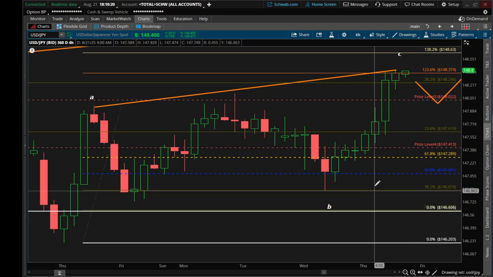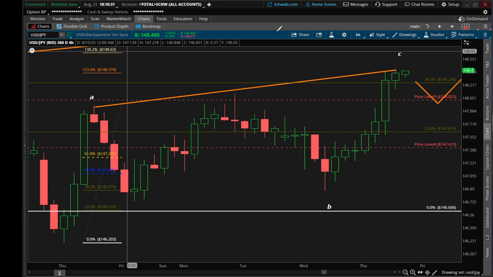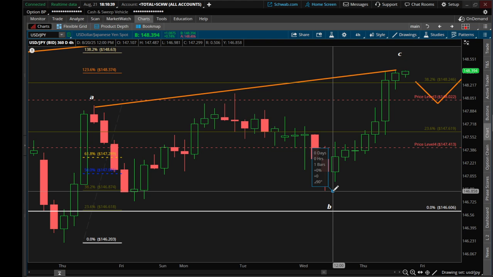So let's take off the right extension. We'll keep these targets to the left. Now, let's say if it does go up to the 138.2, the 148.63, let's go ahead and get the retracement targets for that.